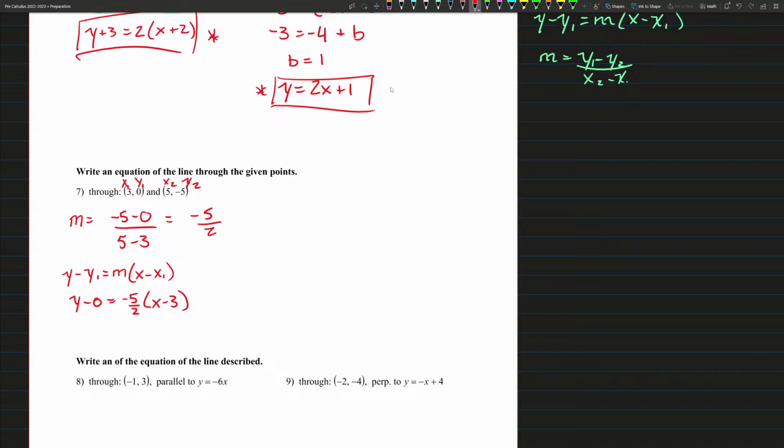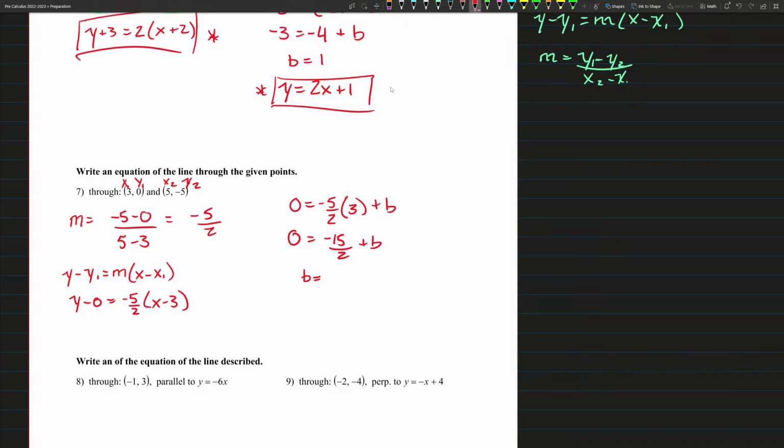If you do slope-intercept form, again, you would just pick one point. So we could pick 0 or negative 5 is equal to m times our x value at that same point plus b. This is going to be a fraction, so this is 0 is equal to negative 15 over 2.